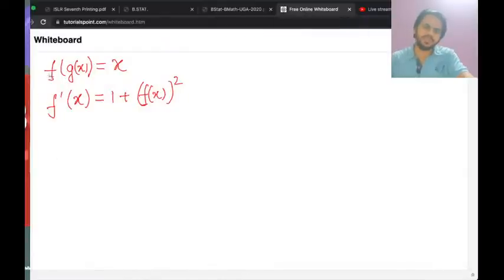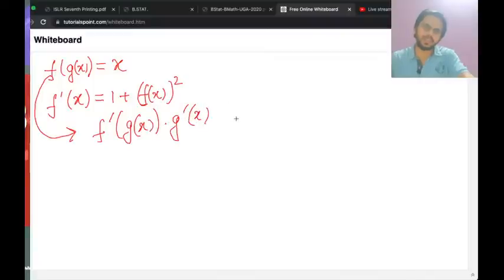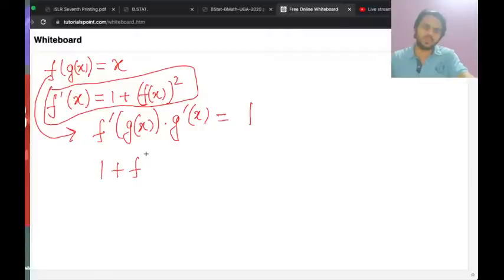Let's first differentiate this, right? So you will have f dash g of x, then chain rule, g dash x is equal to 1, and I know that f dash x has this form, so I can write it over here like 1 plus f of g of x whole square.